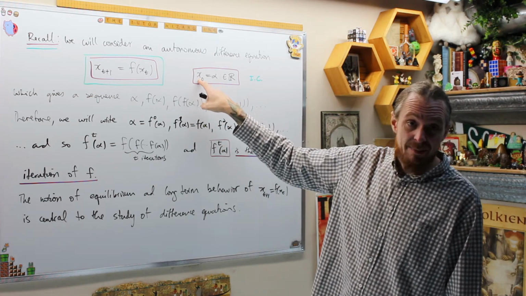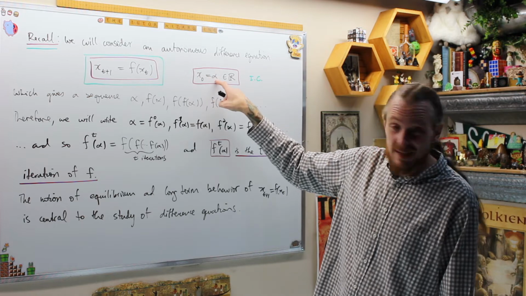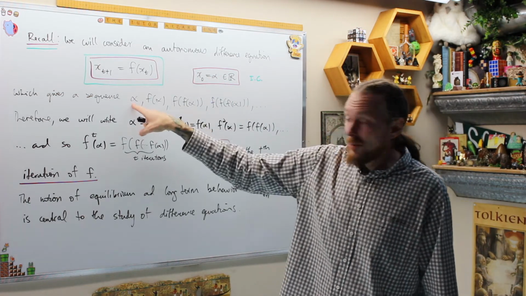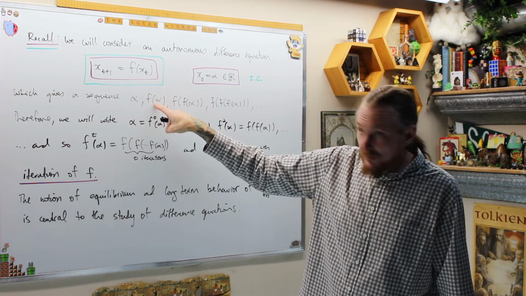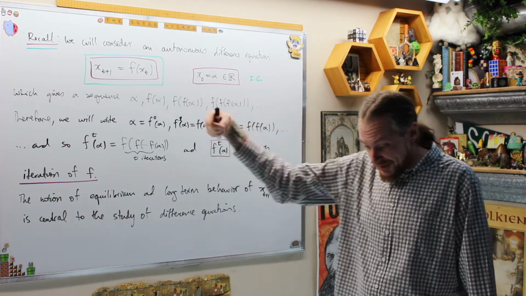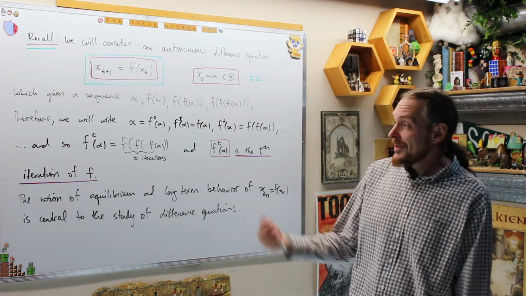If at the first time t equals 0, x0 is some real number alpha, which we arbitrarily pick, possibly. But once we do that, we get a sequence: alpha, then f of alpha, then f of f of alpha, and then we just keep putting it into the function f, so we can view this as iterations.